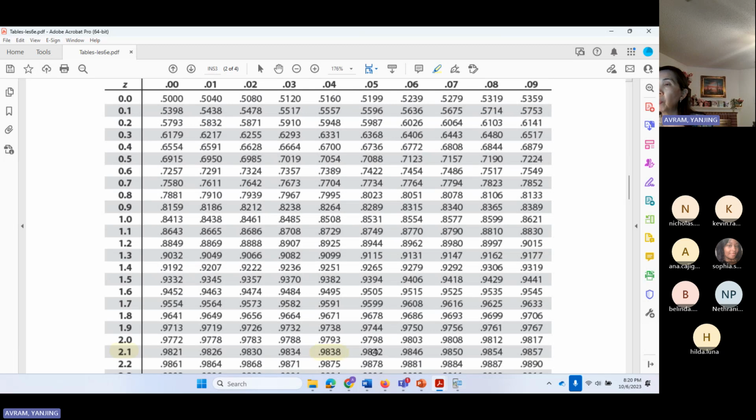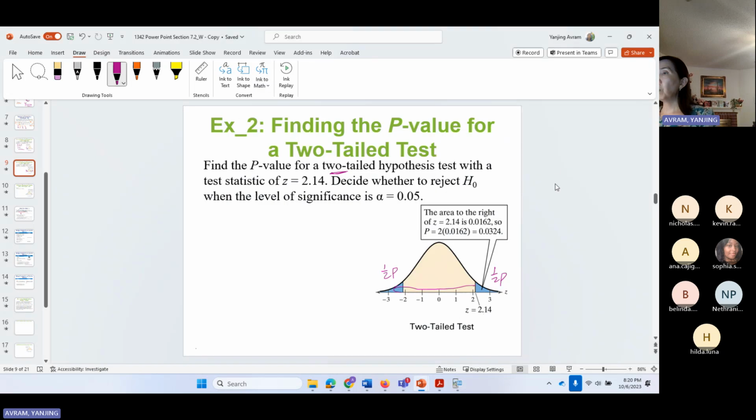That's 0.9838. If you read the table, it's always the area to the left. So my area to the left here is 0.9838.